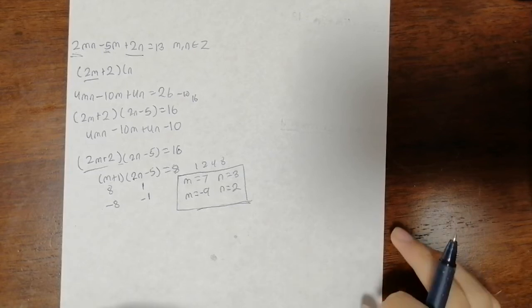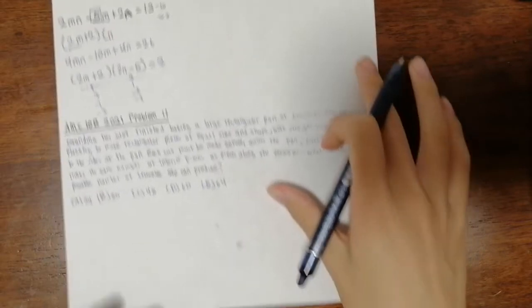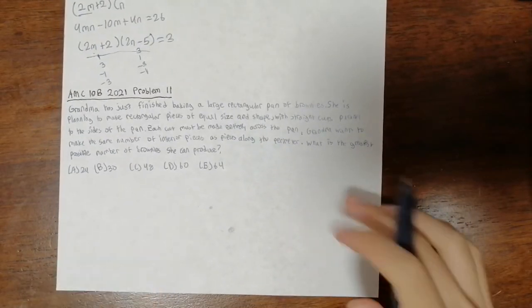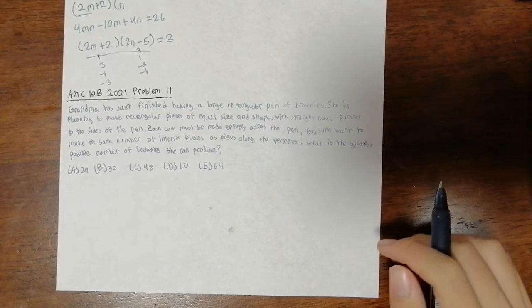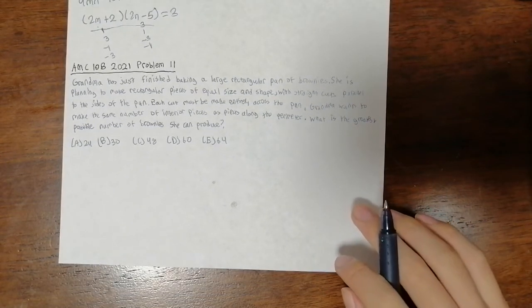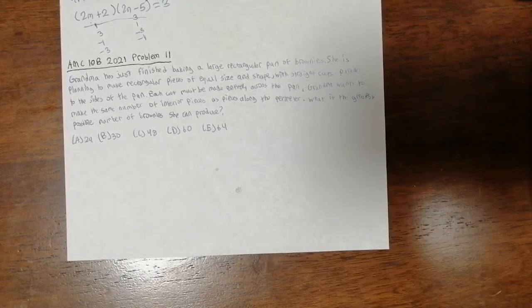Okay. Now, as always, I've also brought an AMC problem for us to try. You can just ignore the top, that was a failed recording. So this is the AMC 10B 2021 problem number 11. It says, Grandma has just finished baking a large rectangular pan of brownies.